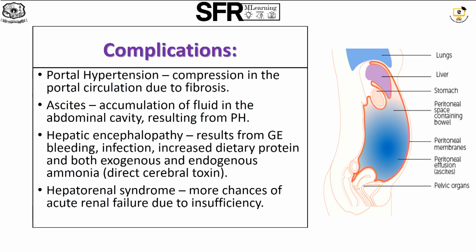If the liver is not purifying, and because of the portal hypertension in the liver the blood flow is altered, the blood flow forms an alternative route and enters the renal circulation, and that causes acute renal failure due to the insufficiency. Insufficiency means the blood flow is not proper, there is hypertension, and there might be fluid accumulation in the peritoneal cavity, which causes the hepatorenal syndrome. A person with chronic liver disease might also suffer from acute renal failure.